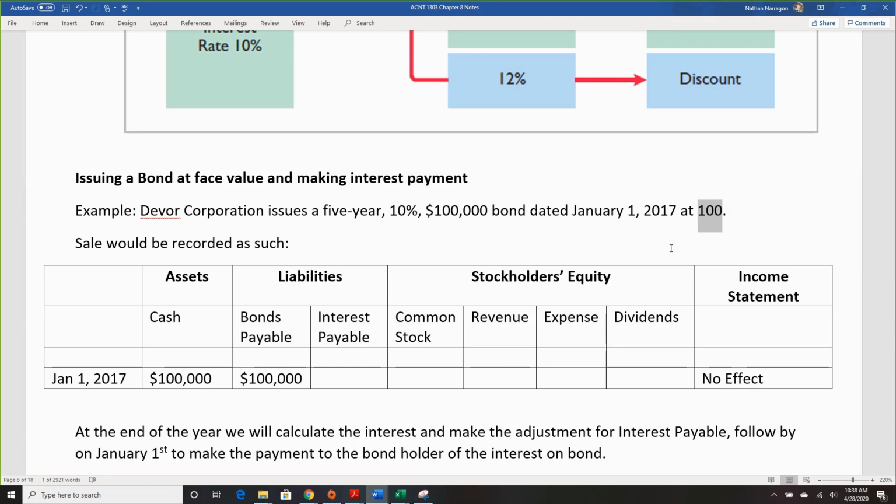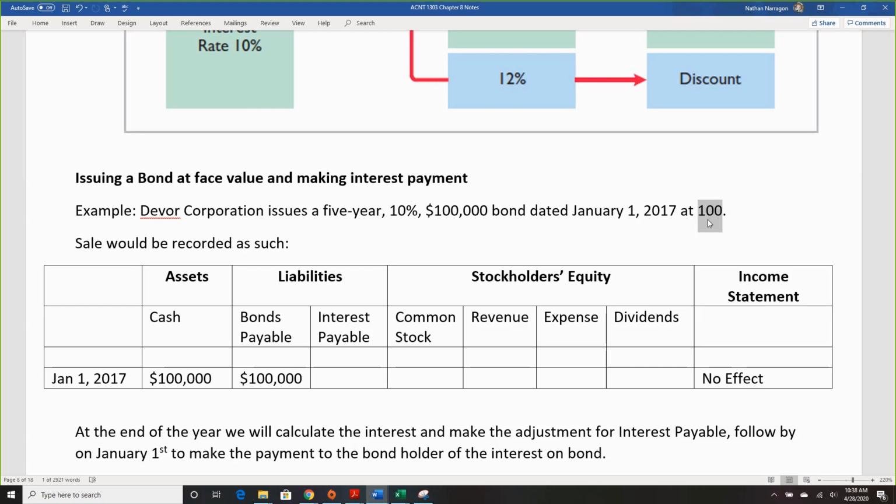So, when we look at 100%, basically it's sold at face value. So, it's sold for exactly how much we want it for. Keep an eye on this, because if it's higher than 100, if it's sold at 103, that'll be a premium.